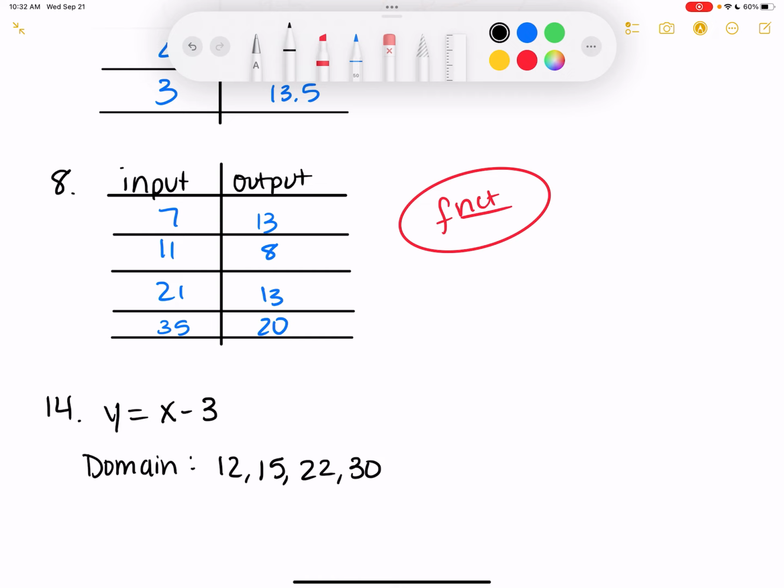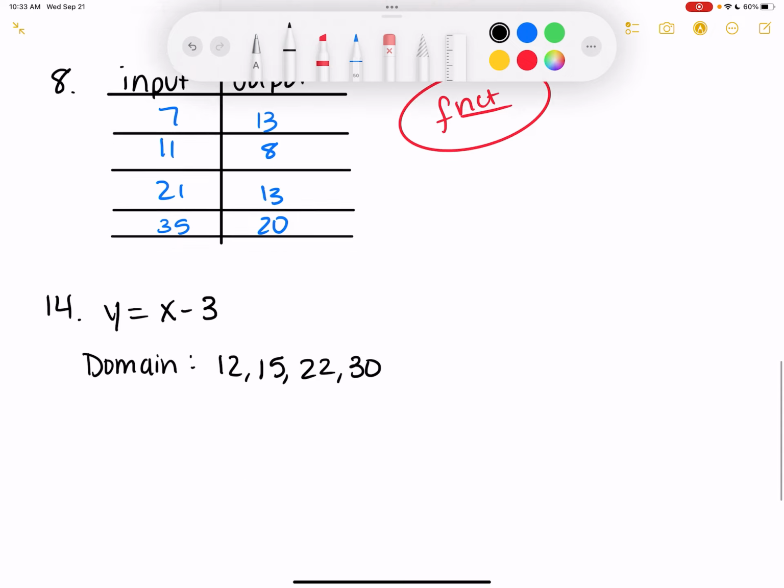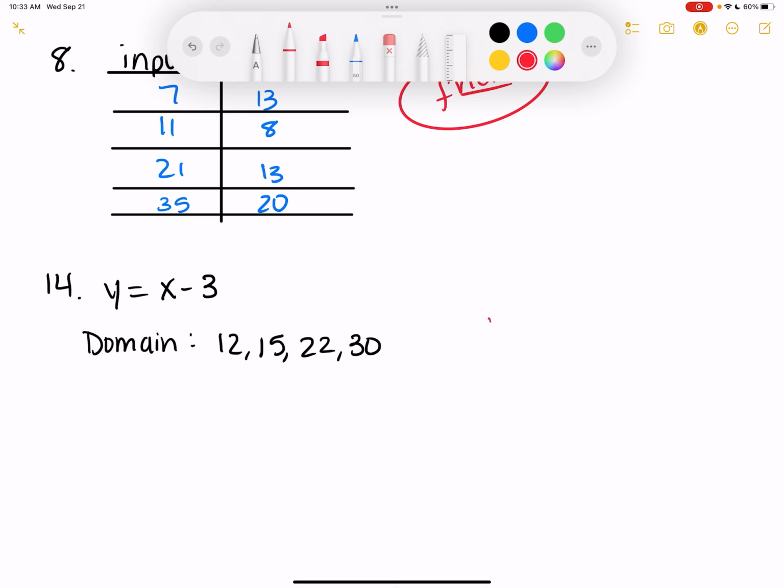Now my domain values are what values out of the table? Which column in the table are they going in? Input or output? Input. So I'm going to draw my table over here to the side.